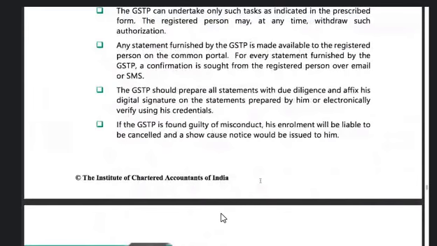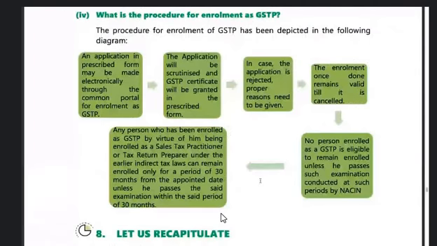What is the procedure for enrollment of a GSTP? The procedure is that first an application in the prescribed form may be made electronically on the GST portal. So those who have the prescribed qualification will log into the GST portal and make an application for becoming a GSTP, that is, GST practitioner.